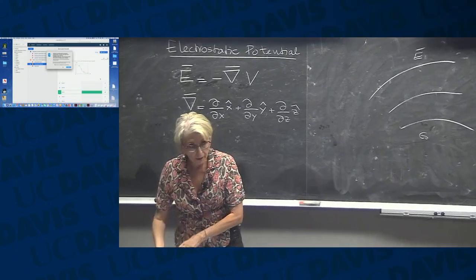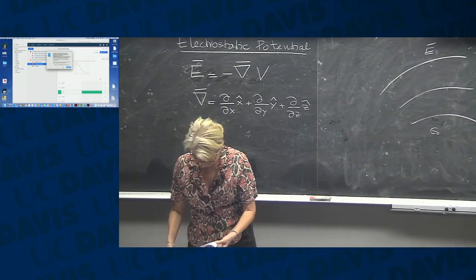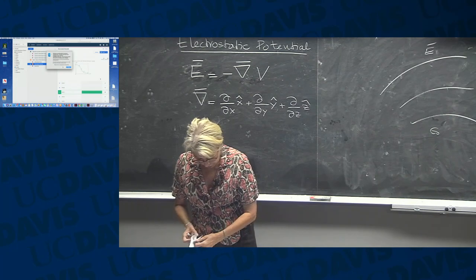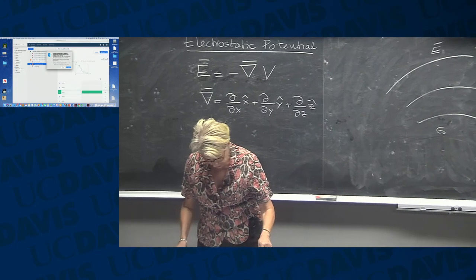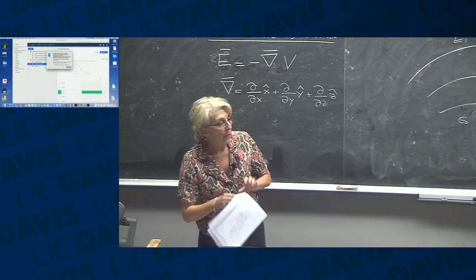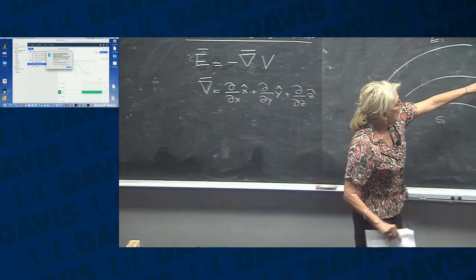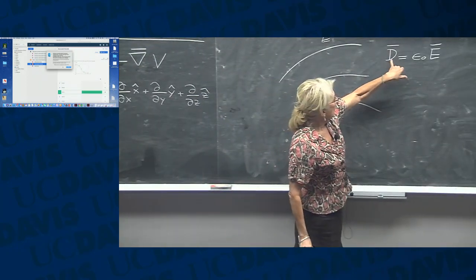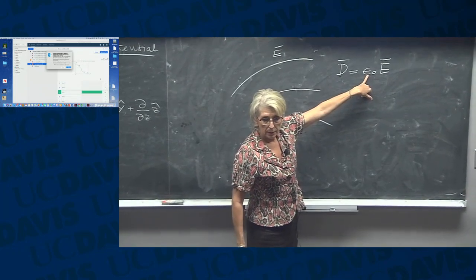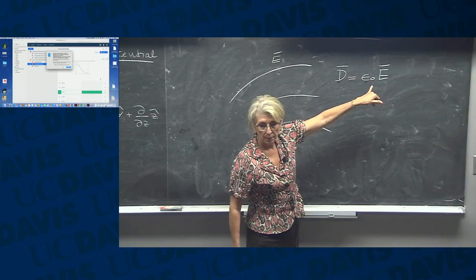Okay, why do we call it that, what is the meaning of it? Why do we call it a flux? Because other than an amplitude, which is different from the amplitude of E by epsilon naught, it has the same direction.